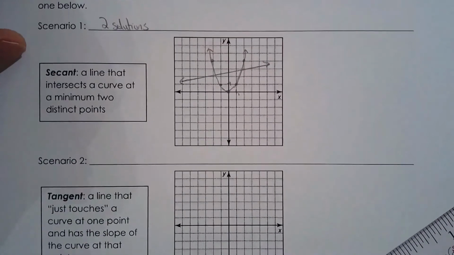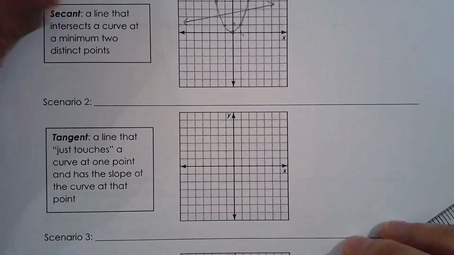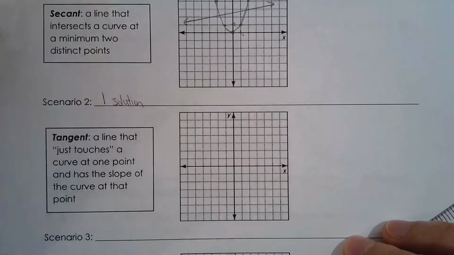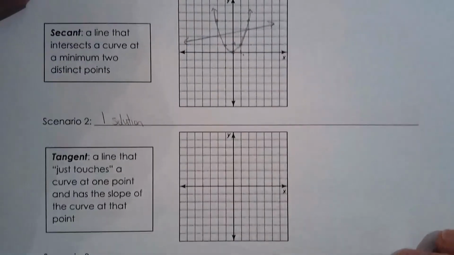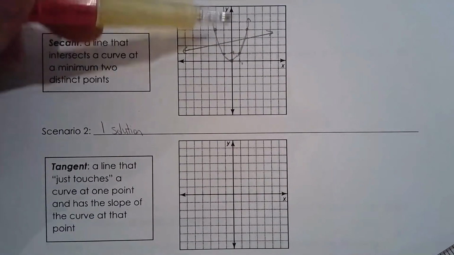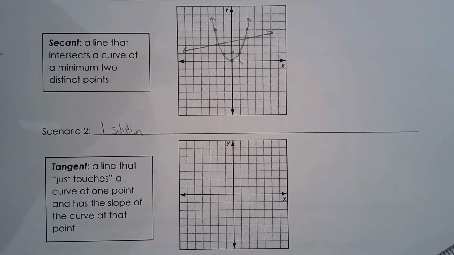Okay, the next possible scenario is one solution. And by the way, for the previous scenario, this line where it intersects the curve at two different points is called the secant, and we're going to study that later on in advanced functions.